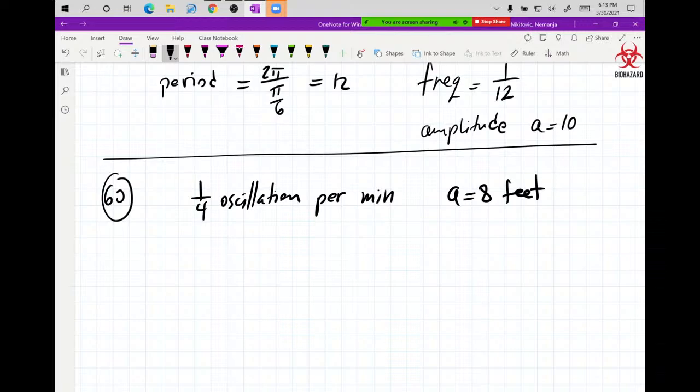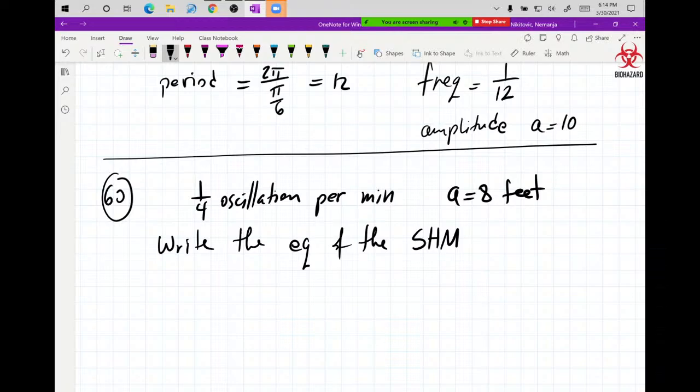Write the equation as a sine. Write the equation of the simple harmonic motion. Simple harmonic motion, SHM.